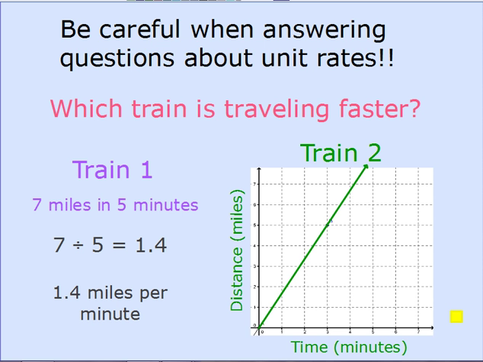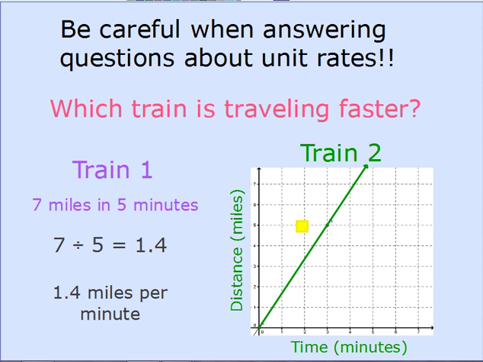So on train 1, 7 miles in 5 minutes, I'm going to do the division. 7 divided by 5 is 1.4. That gives me 1.4 miles per minute. Train 2, I'm going to look where x is equal to 1. We know that the miles is going to be somewhere between 1 and 2, but we don't know exactly. So let's find a point that's on the grid.